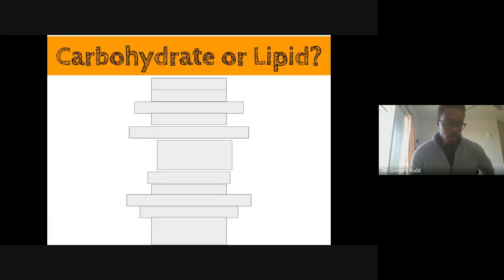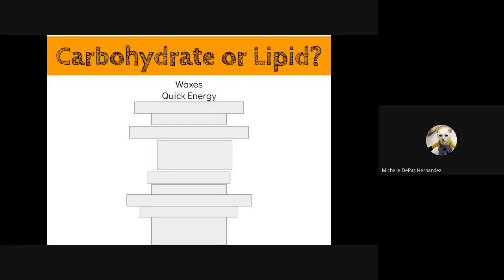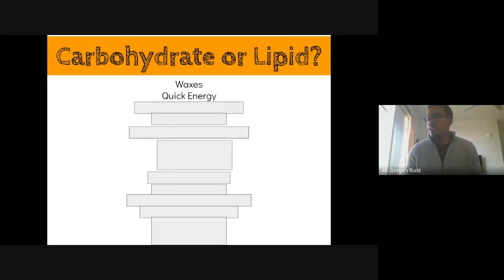So carb or lipid. I'm going to review some terms here, and I want you guys to just tell me quickly, carb or lipid. Let's just get through this. So the first one, waxes, carb or lipid. Lipid. Excellent. Quick energy, carb or lipid. Carb. Carb, excellent. Cell structure, which one's that?